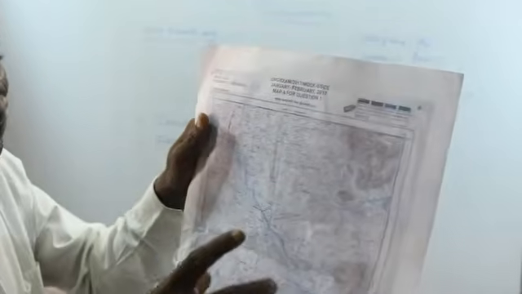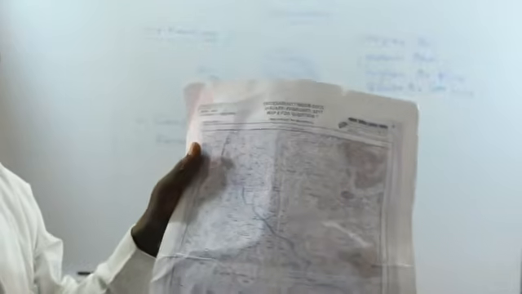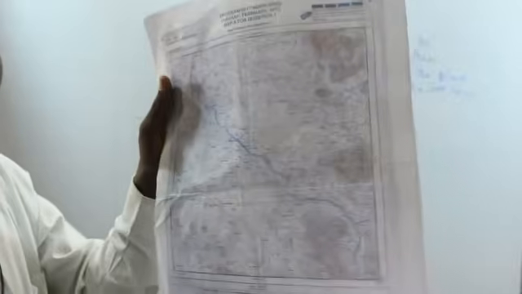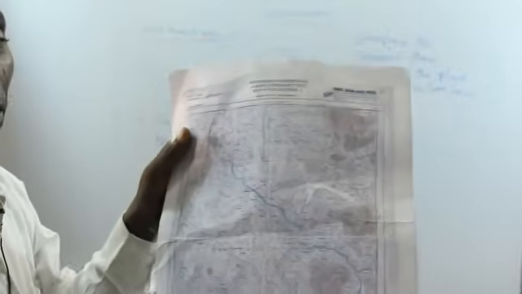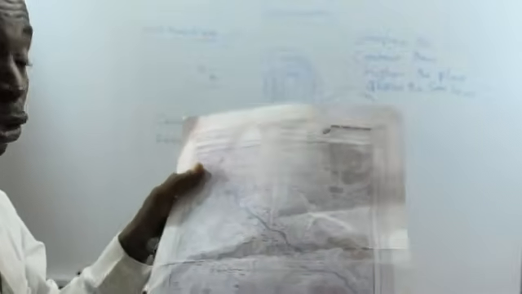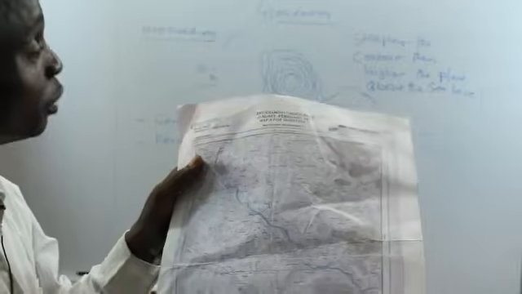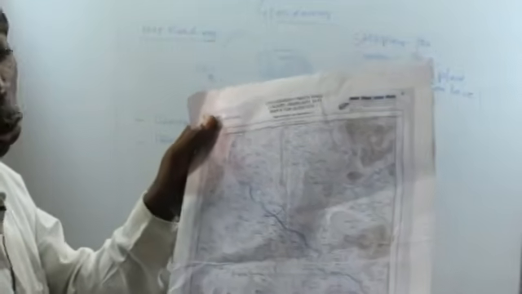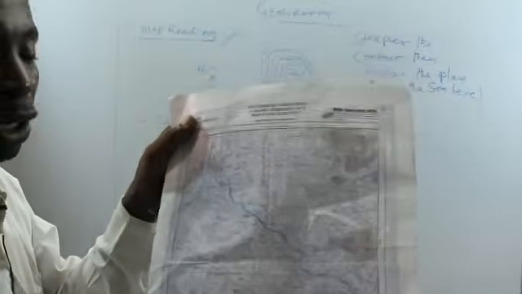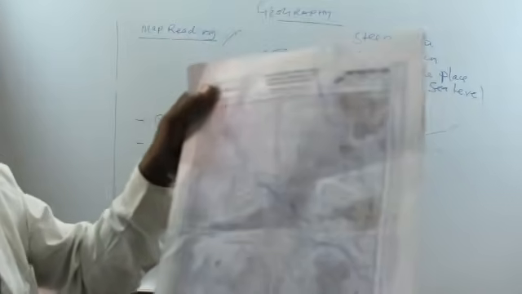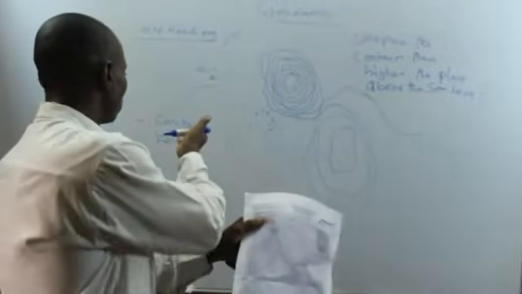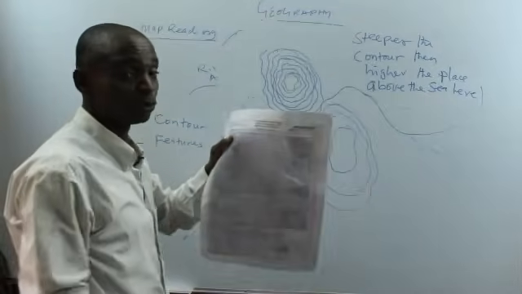If you understand map reading very well, you are 20-25% sure of a credit pass in either WAEC or NECO in geography, because it's compulsory and the question is there every year. There is no geography exam, either NECO or WAEC, that will be complete without map reading, and it's not optional, it's compulsory. So that is all about the contours and the features that can be produced.